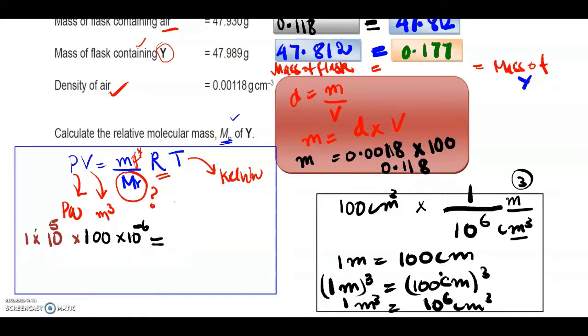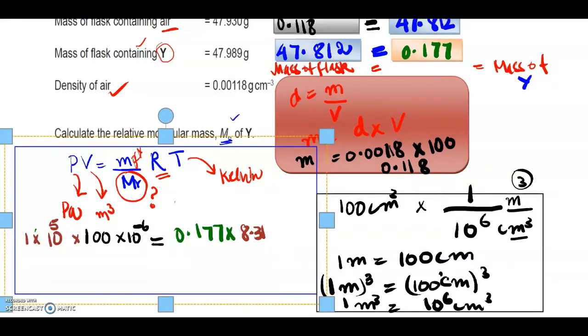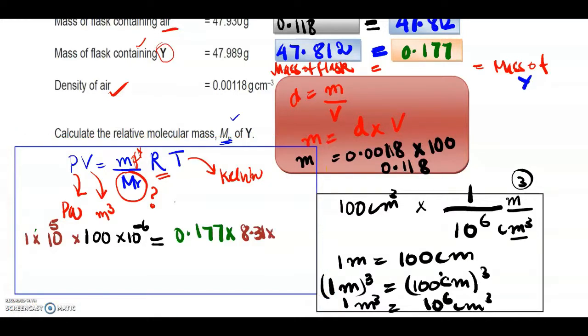This equals the mass of Y, which you have calculated here, 0.177, into the value of R, which is 8.31, and the temperature you need to convert into Kelvin: 273 plus 26 equals 299 Kelvin. Now you need to find MR by substituting the values and solving on the calculator.